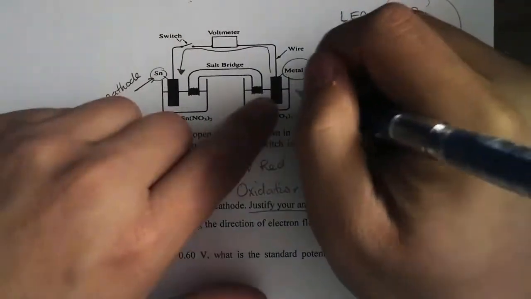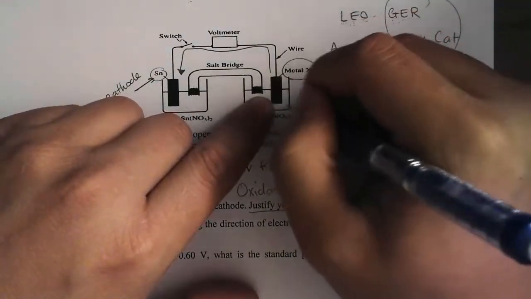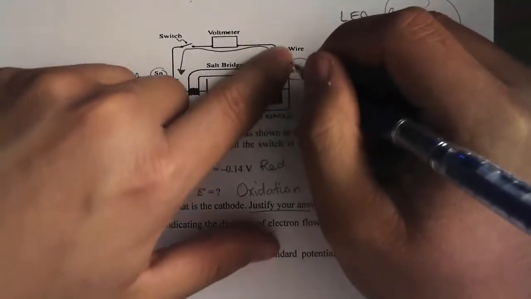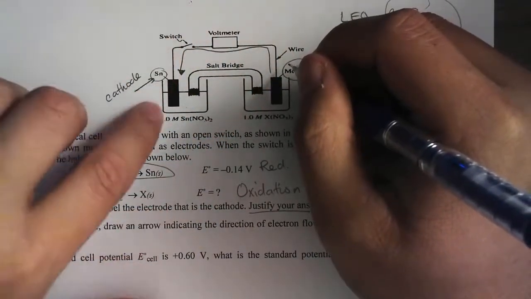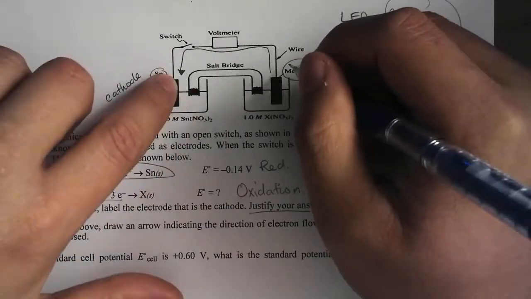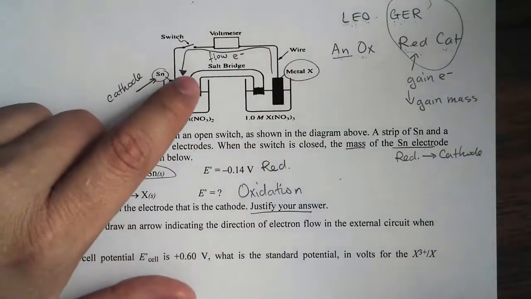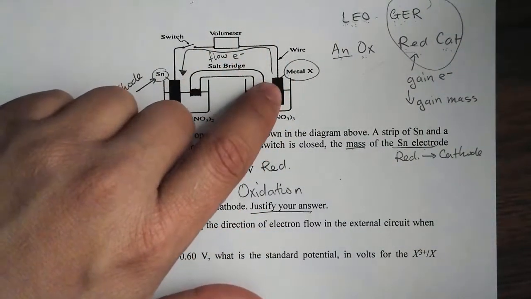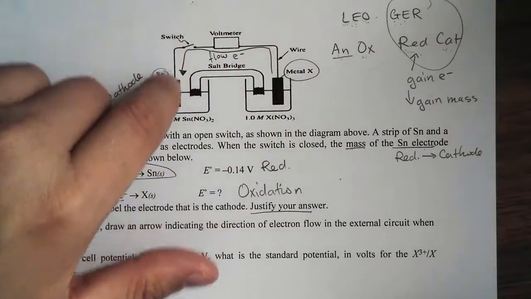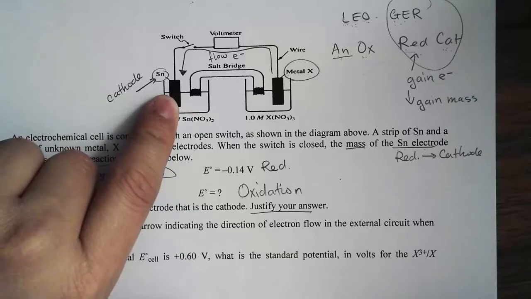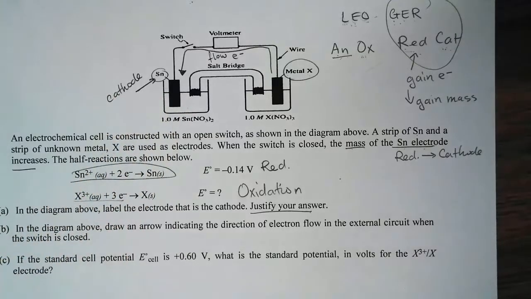Electrons are lost in this electrode right here, and flow through the wire and end up in the cathode, which is where reduction occurs.